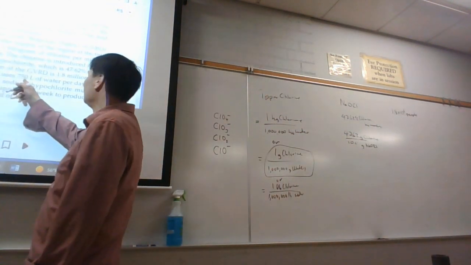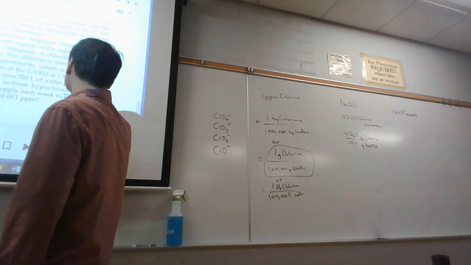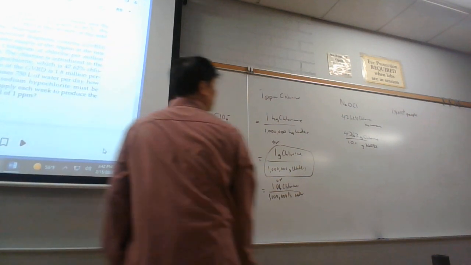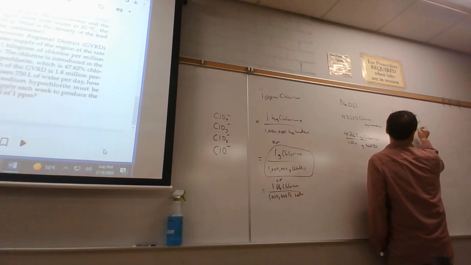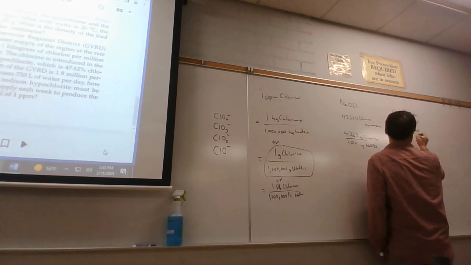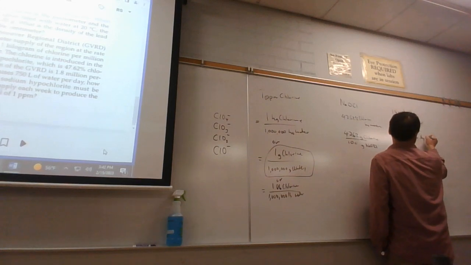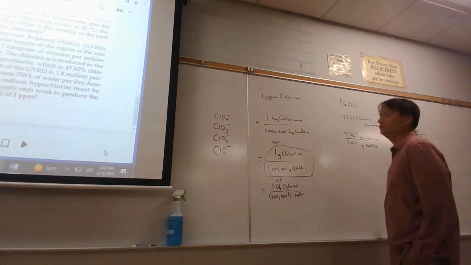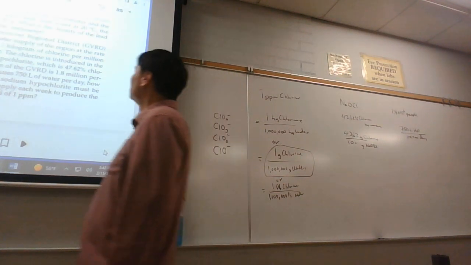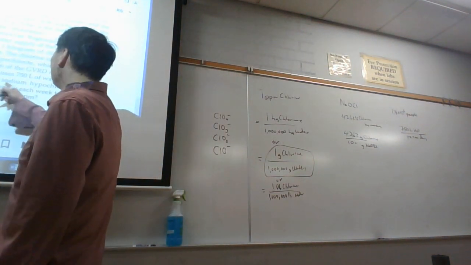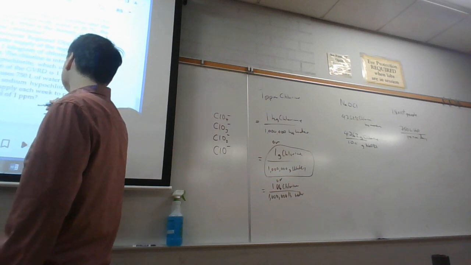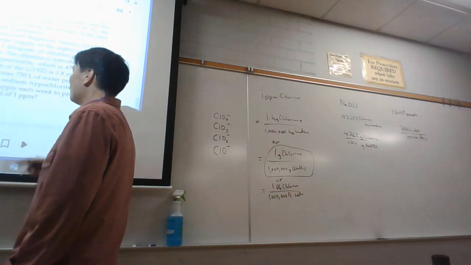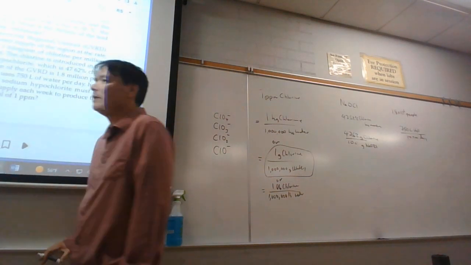If each person uses 750 liters of water per day, so each person uses 750 liters of H2O per person per day. How many kilograms of sodium hypochlorite must be added to the water supply each week to produce the required chlorine level of 1 ppm?